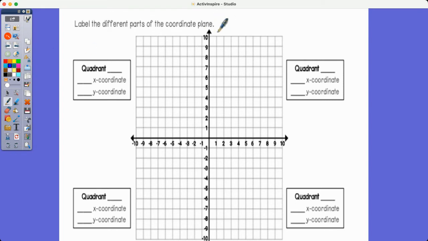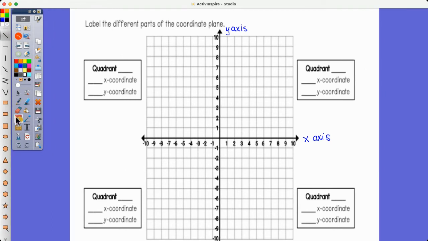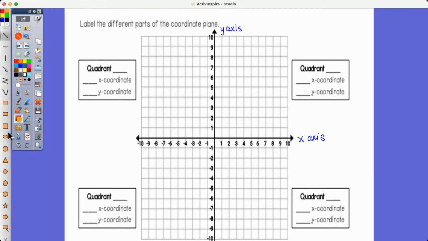So the first thing I'm going to do is I'm going to label the y-axis, and then my x-axis, okay, label your origin.